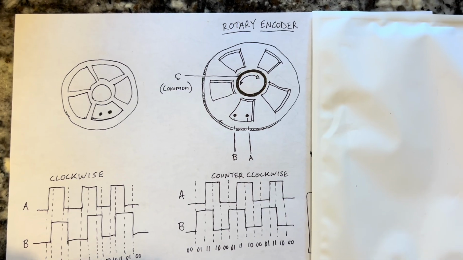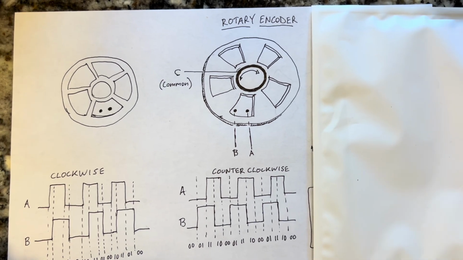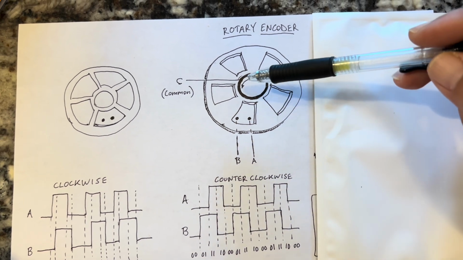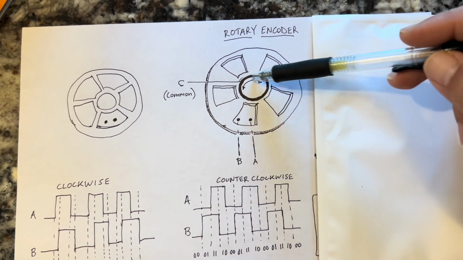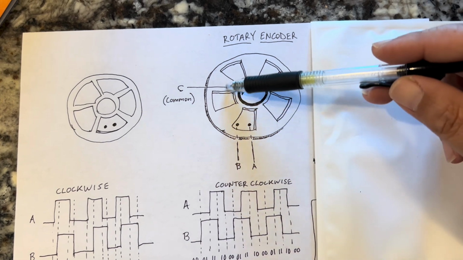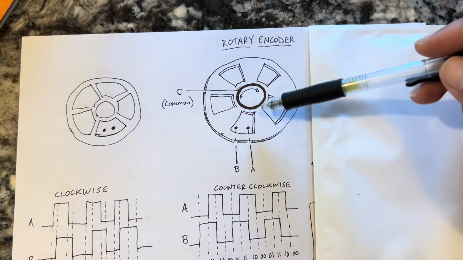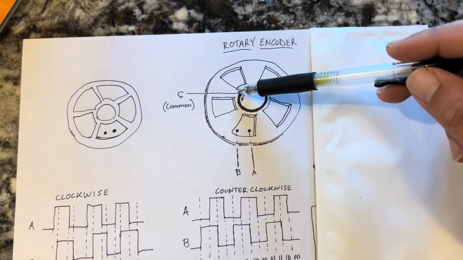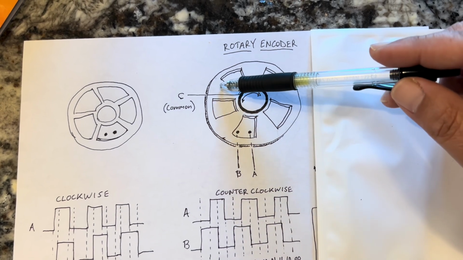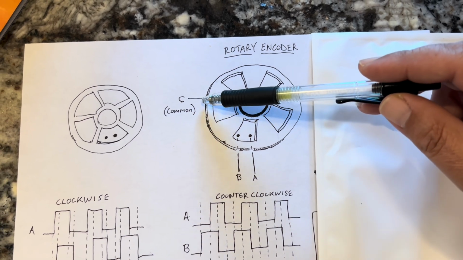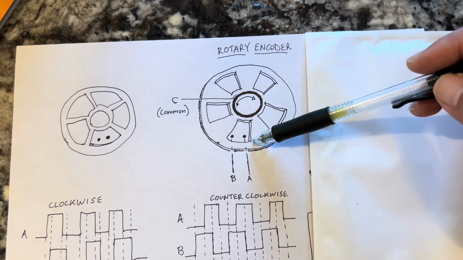So the way a rotary encoder works is basically the little wheel that spins on the mouse in either direction. It controls a tiny metallic disc, and that disc is connected to the common pin, which is C, and that is usually connected to ground.